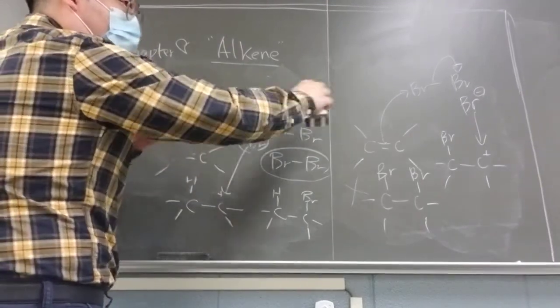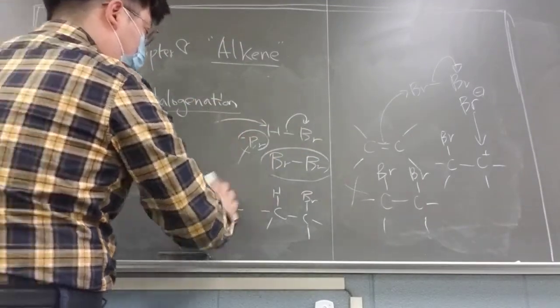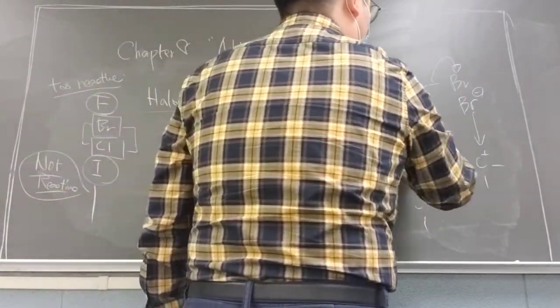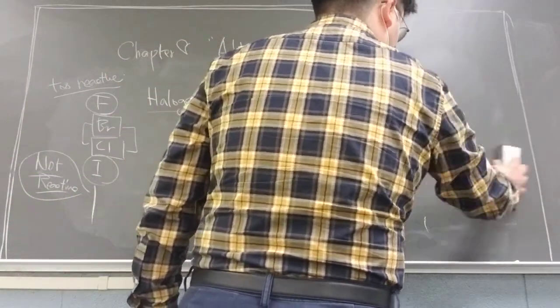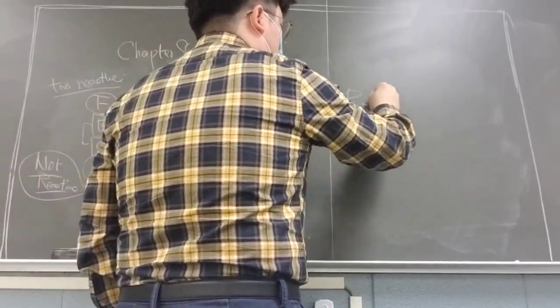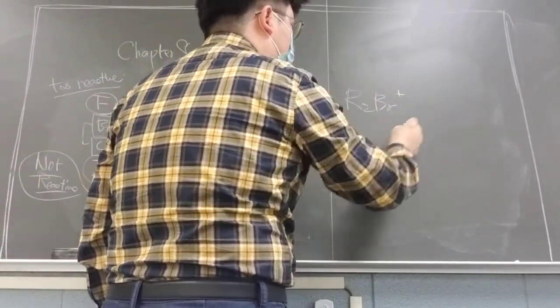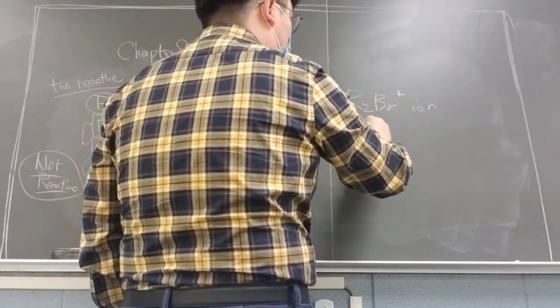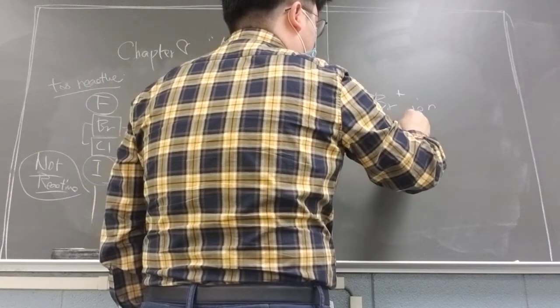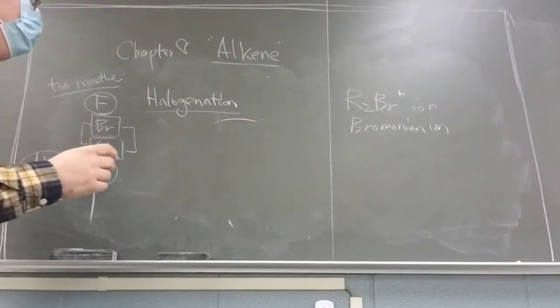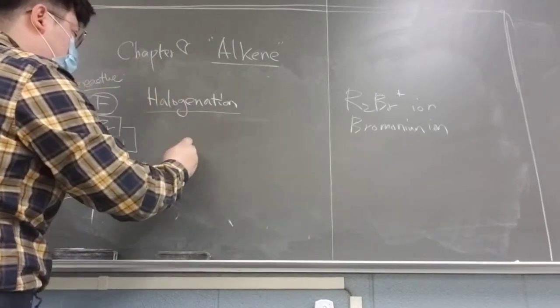I'm just showing you the wrong mechanism to explain an ion, which is this one, a bromonium ion. We find this one. So the correct mechanism is actually this one.